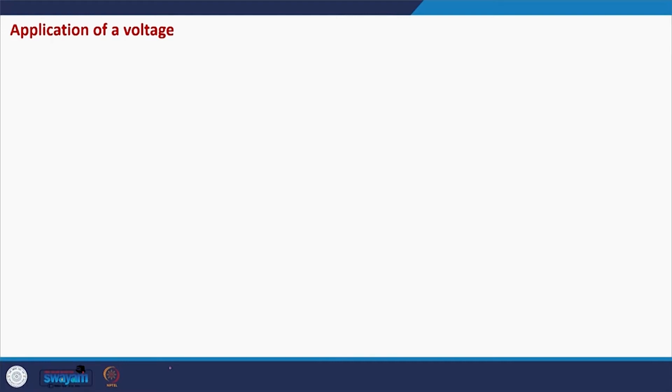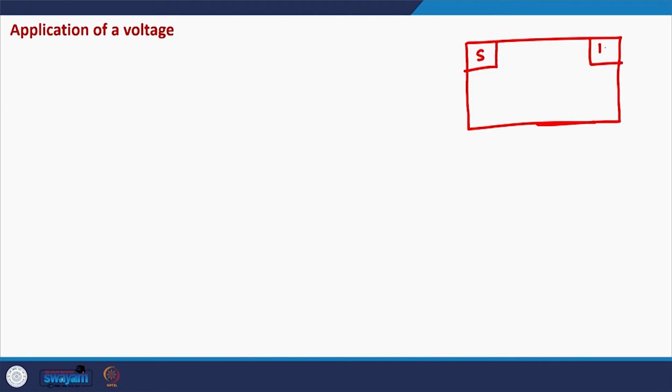So finally we have a device like this. Very simplistically, we have source, drain, oxide, and the gate terminal. For the equilibrium band diagram, we just plot the conduction band minima.